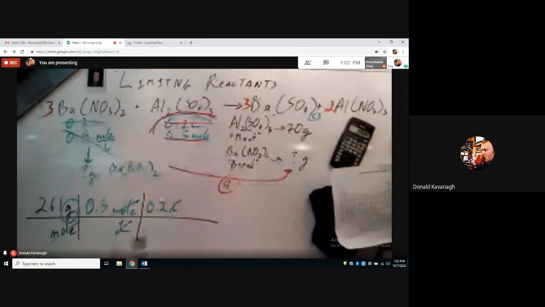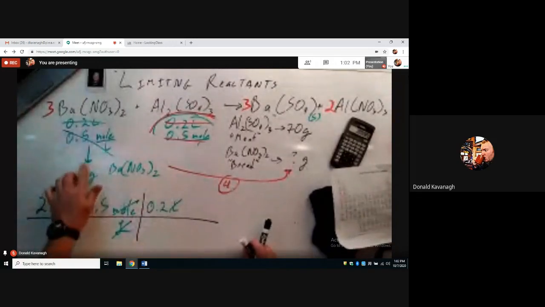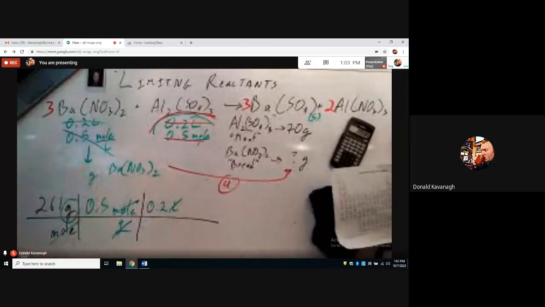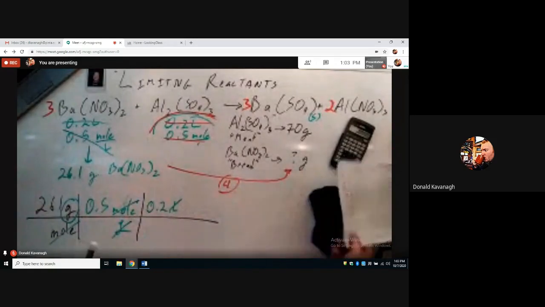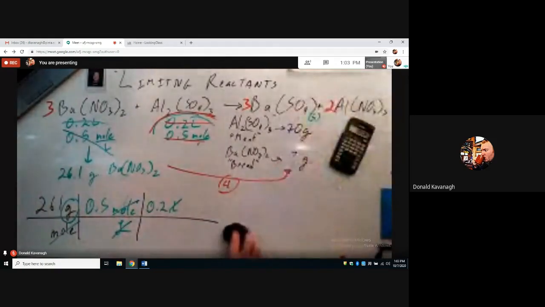Punch this out right here. 0.5 times 0.2, 0.1. 26.1 grams of barium nitrate are present in that solution. So now I'm going to take that number and do the 4-step process, figure out how many grams of sandwiches could be produced.